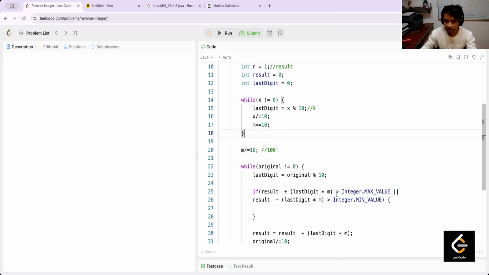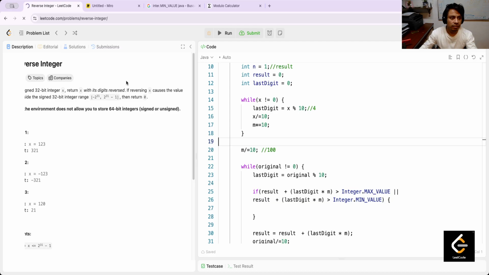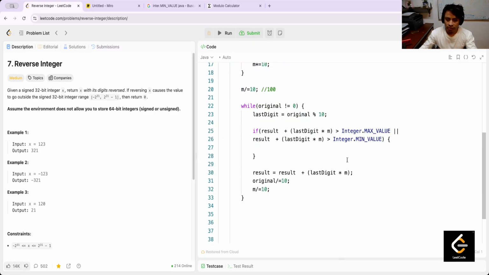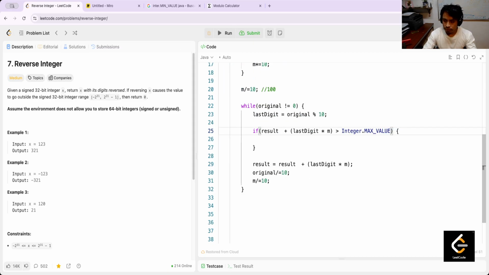I think that I can avoid this operation only with this: Math.abs. With this I will always get a positive number, and I only check if this is greater than... no, because the max value is less one.